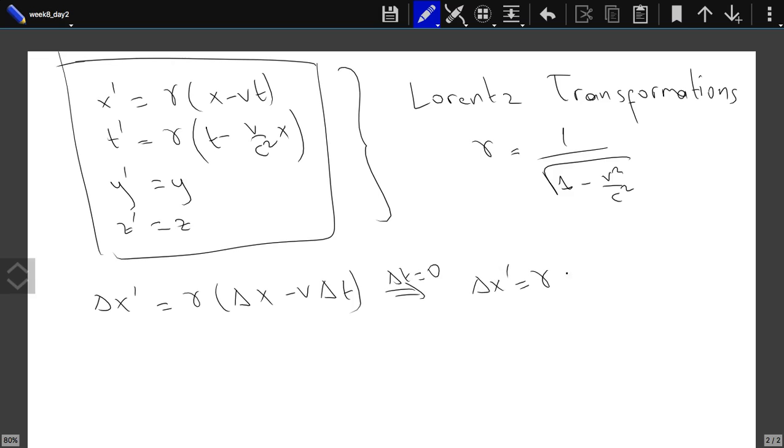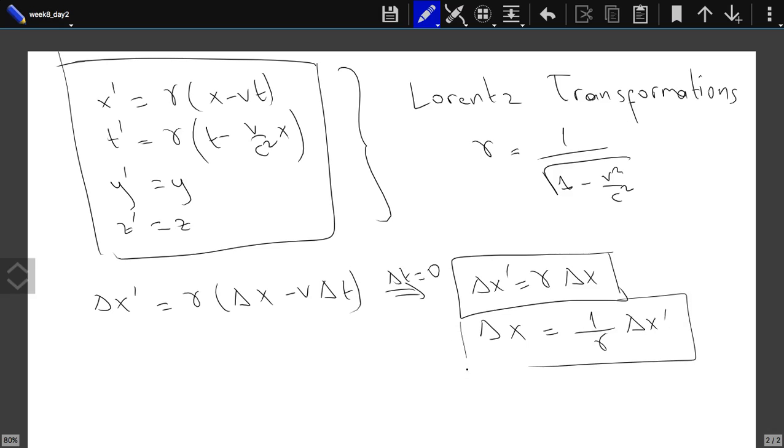Delta x prime is gamma delta x, or delta x is equal to 1 over gamma delta x prime. This is our result for Lorentz contraction.